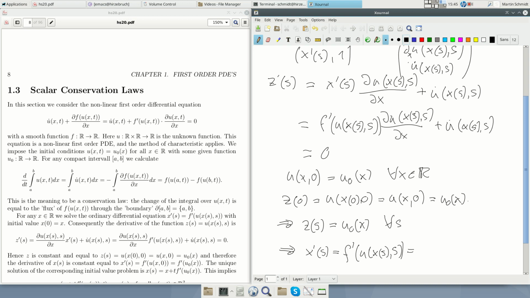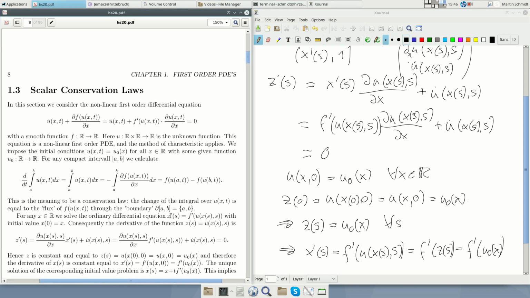But this is of course f prime of z of s, and this is f prime of u0 of x. So it's constant. It doesn't depend on s. So we can easily solve this equation.